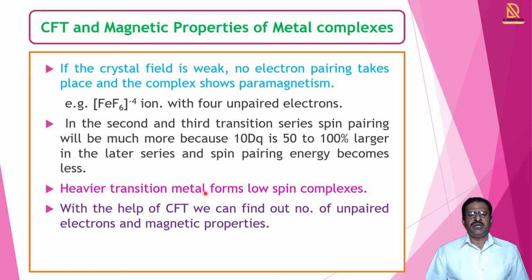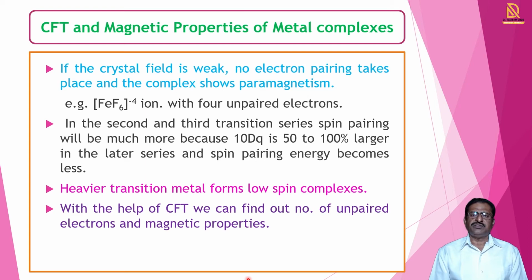So simply we say that in the second and third transition series, spin pairing will be much greater, or maximum electrons are paired. Because of that, 10 Dq is 50 to 100% larger than in the first transition series elements, and the spin pairing energy becomes less.